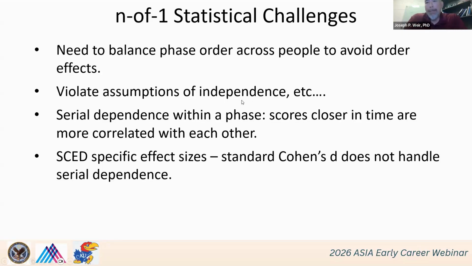Independence. When you remember back to your stats classes, they would talk about linear models and use the abbreviation IID. One of those I's is independence of scores. When we have repeated measures data, like you will in a single case type of study like this, these scores are not independent.